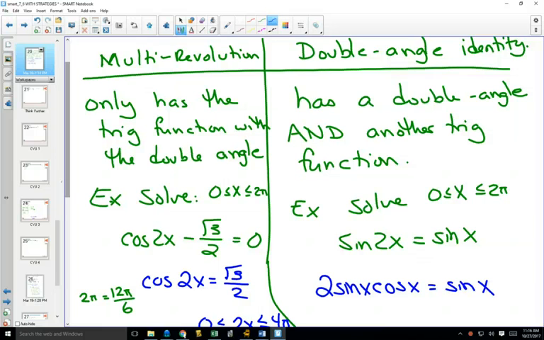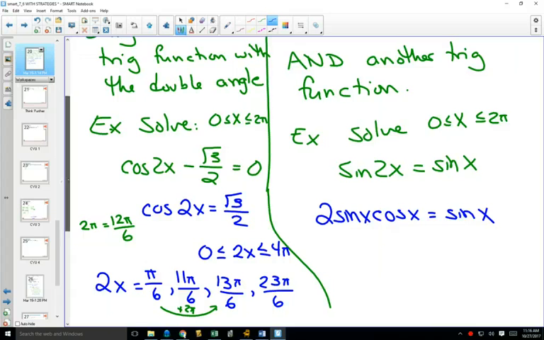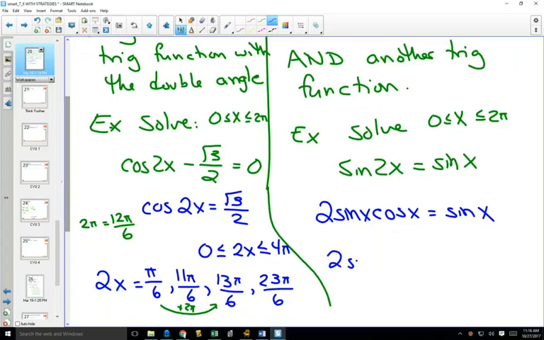And once again, we have our equation. It's in sine and cos, but we can't change it to all sine. So then we're going to think about our factoring strategy. Move everything over to one side, so subtract that sine x on both sides.